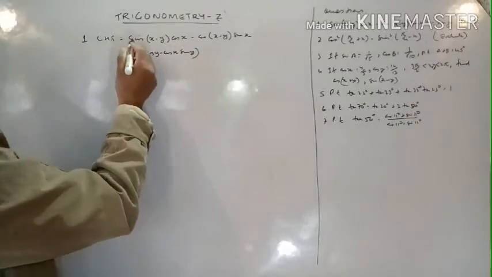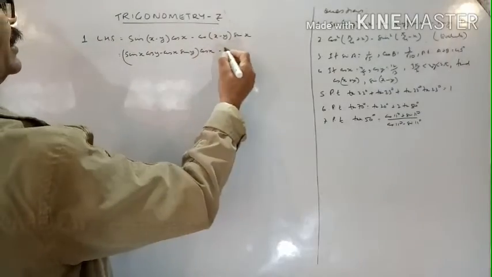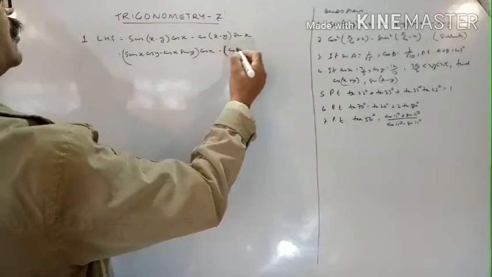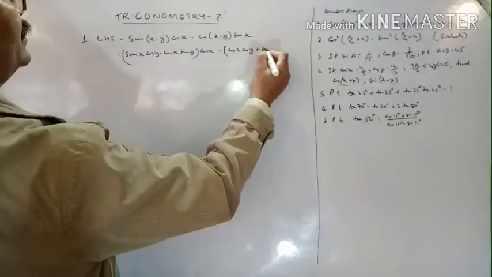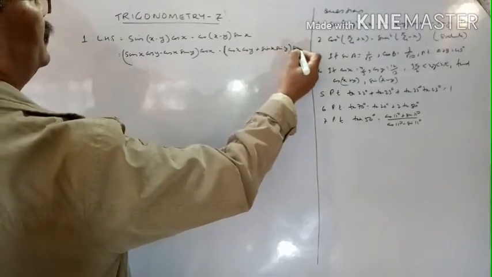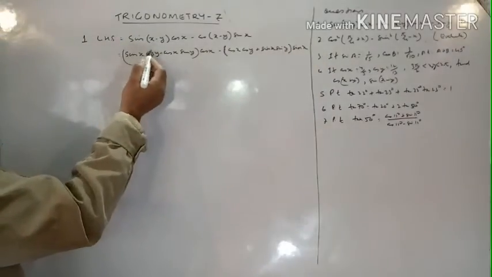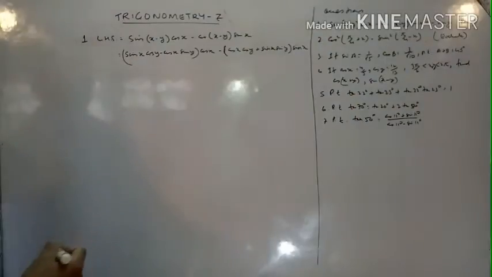This is the formula of sine (x minus y), into cos x, minus the cos formula, which is cos x cos y plus sine x sine y, into sine x. So sine (x minus y) is sine x cos y minus cos x sine y, and cos (x minus y) is cos x cos y plus sine x sine y.